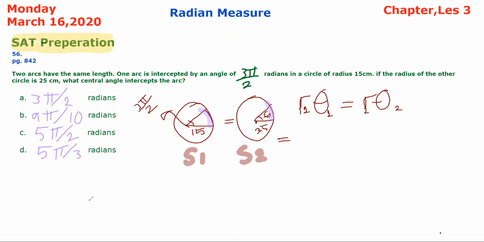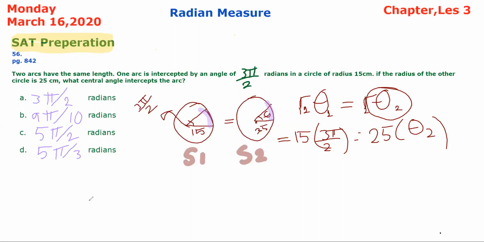Now, the radius of the first circle is 15 times 3π over 2, equal to r2, which is 25, times theta 2, which is unknown. So from this question, I have to use the given that these two arcs have the same length, so I can find theta 2.